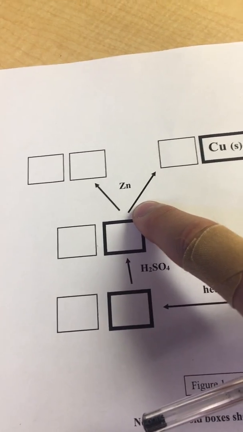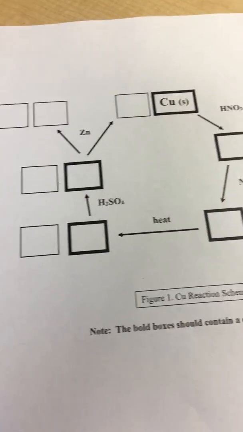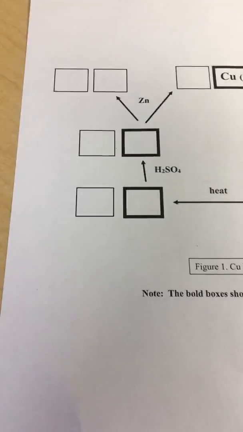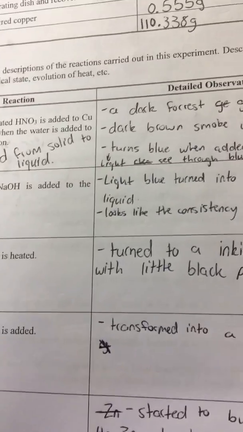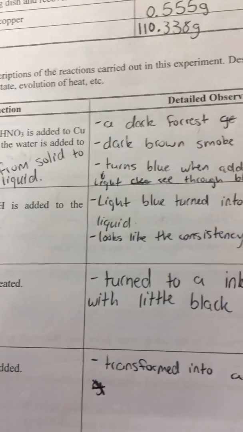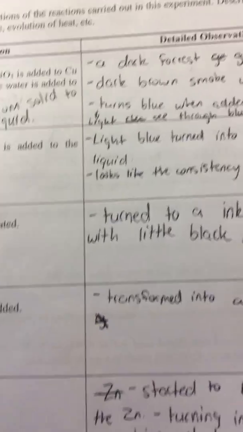During the experiment, the reactions were written down on page 12 in detailed observation sheets stating the color changes, changes in physical state, and evolution of heat in the lab manual.